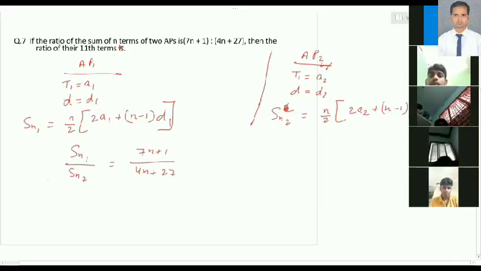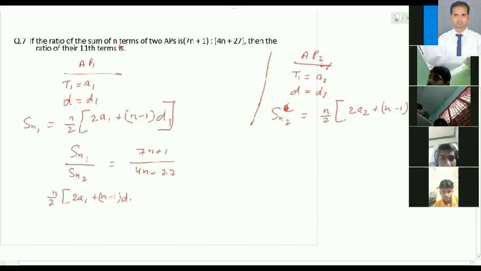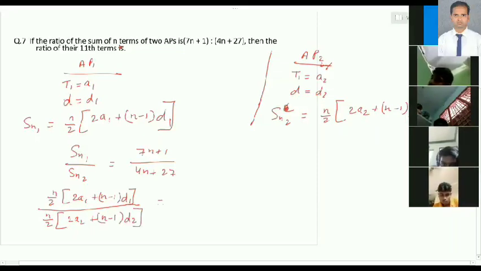SN1 is n by 2 bracket 2A1 plus n minus 1 into D1, divided by n by 2 bracket 2A2 plus n minus 1 into D2, and this is given as 7n plus 1 divided by 4n plus 27.